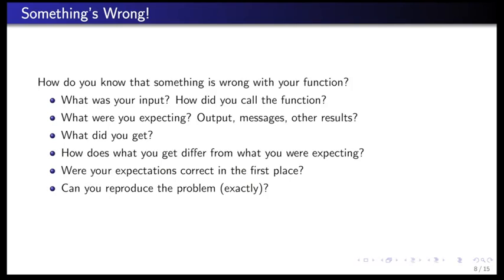Another key aspect of debugging, of course, is that you have to be able to reproduce the problem, right? Because if you can never reproduce the problem, you'll never have a chance of figuring out what went wrong, because it only happened that one time. So this is very, very important.